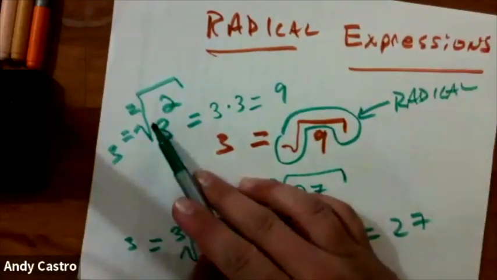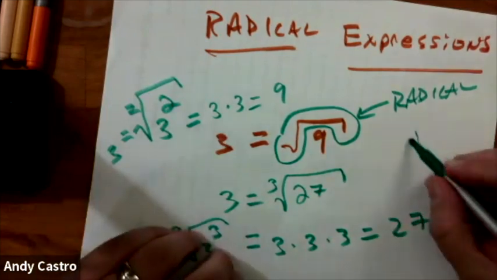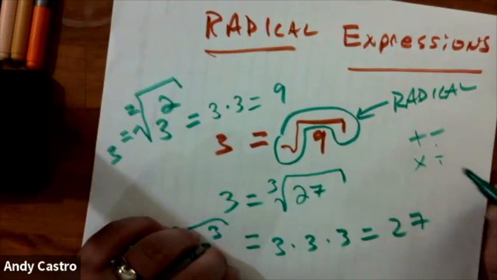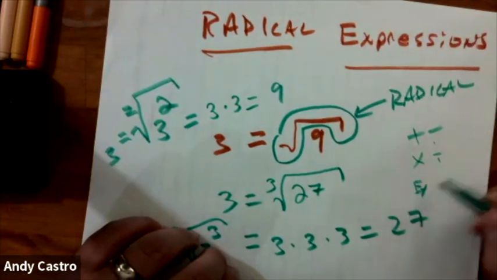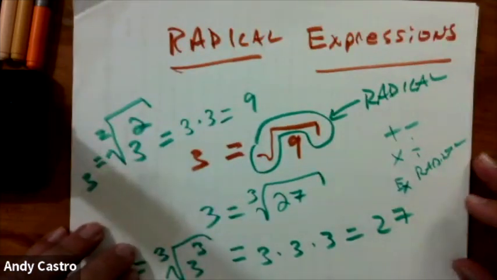So the exponent and the root are inverse functions, just like plus and minus, just like multiply and divide. We have an exponent and a radical. Those are inverse functions of each other.